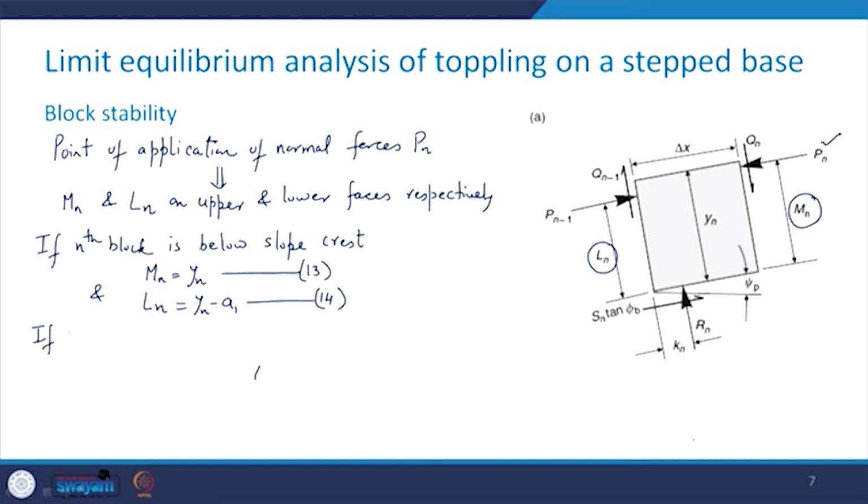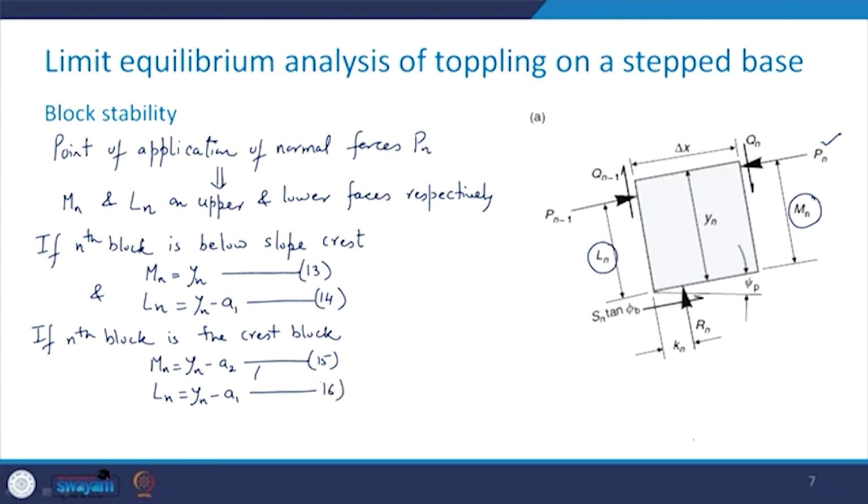Now, if this nth block is the crest block itself, then in that case Mn is going to be Yn minus A2. This will be equation number 15 and Ln will be Yn minus A1. This is equation number 16. And then we will have the third case where this nth block is above the crest.